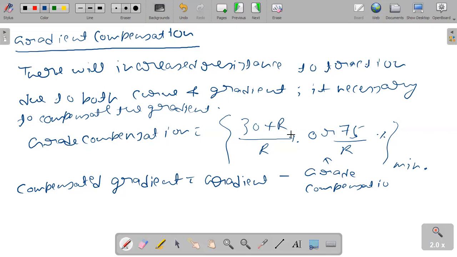According to IRC, grade compensation is not necessary if the gradient is flatter than 4%.